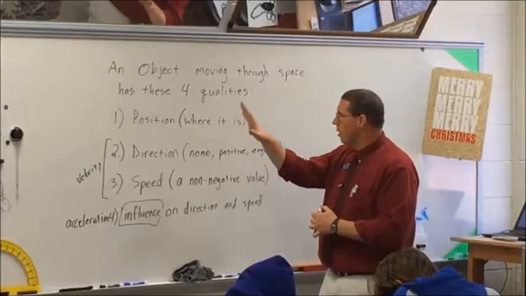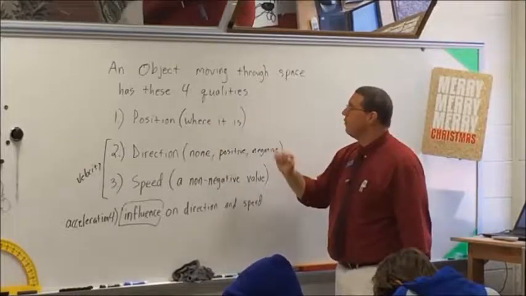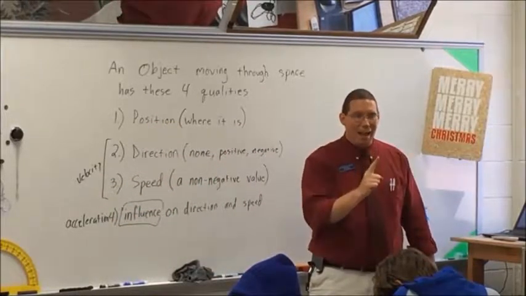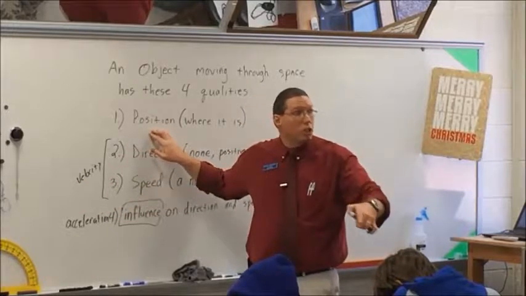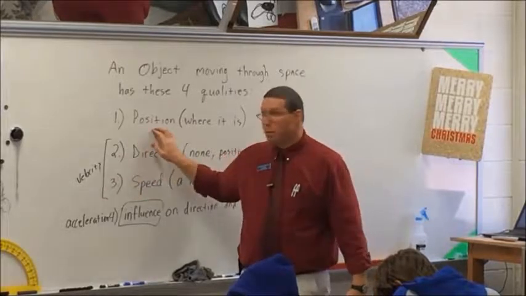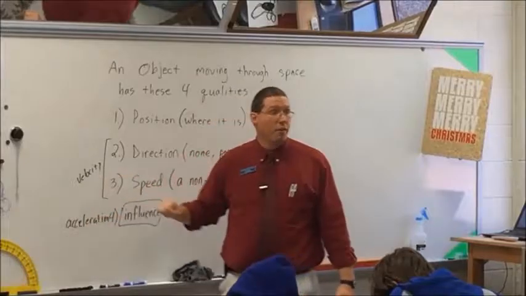So the summary of this lesson is this: an object moving through space has position, velocity, and acceleration, and the velocity of that object is the rate of change, or the derivative, or the slope of the position, and the acceleration is the derivative of velocity.